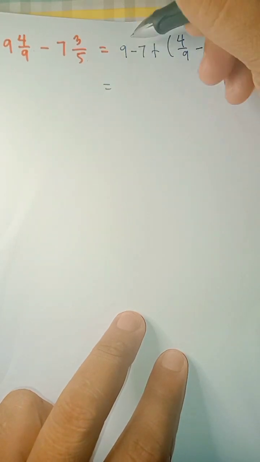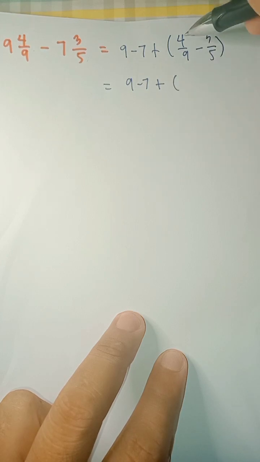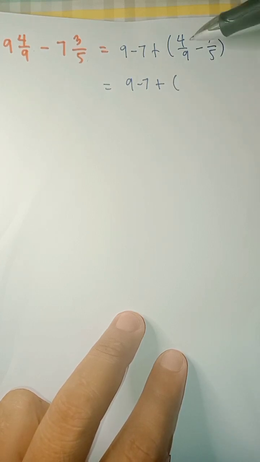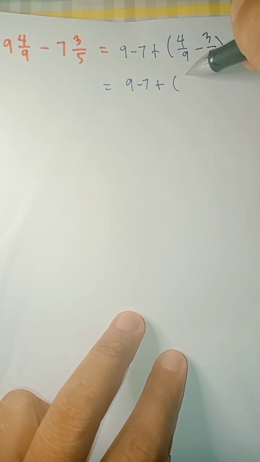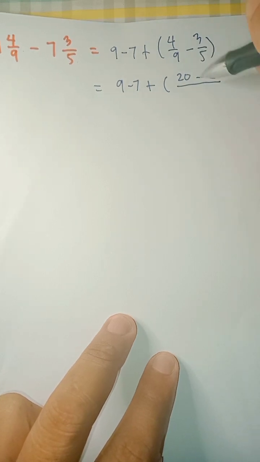But first, let's copy down 9 minus 7, then plus. Now let's use the crisscross method. So 4 times 5 is 20, minus 3 times 9 is 27. Then fraction bar, 9 times 5 is 45.